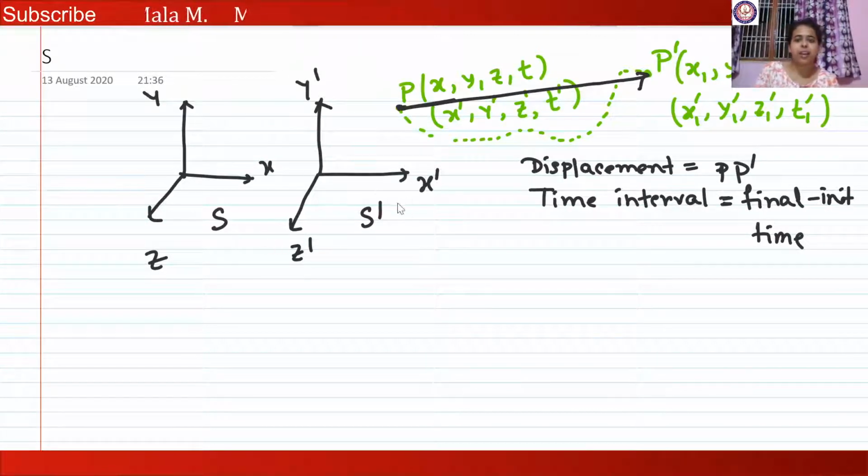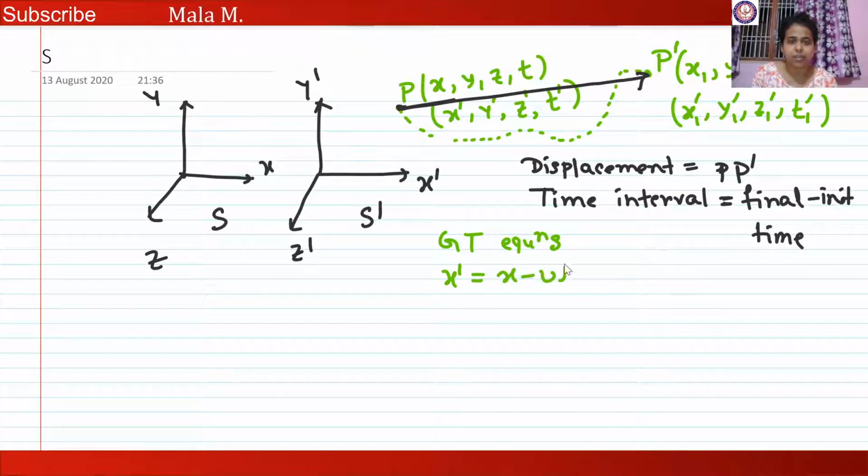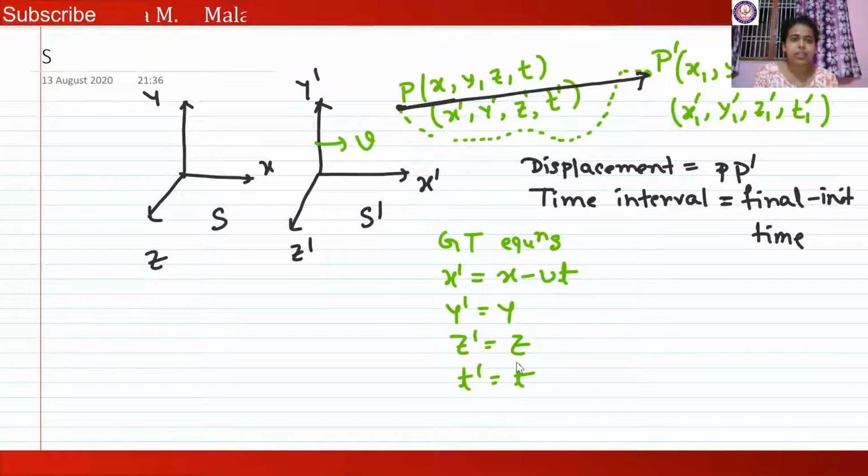So at first I will write down the Galilean transformation equations. The Galilean transformation equations are x prime is equal to x minus vt, while S prime frame is moving with velocity v along x-axis. Y prime is equal to y, Z prime is equal to z, and T prime is equal to t, since time is universal.